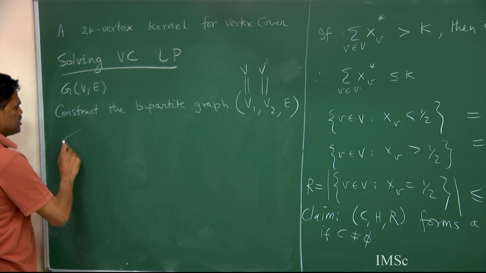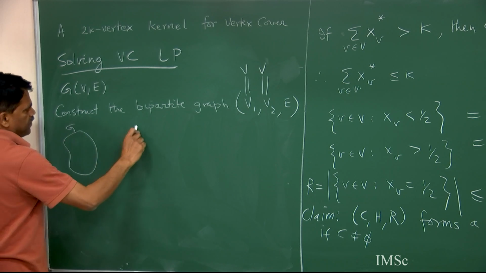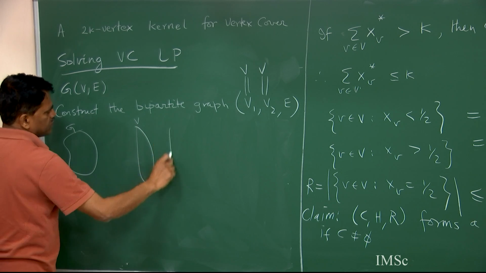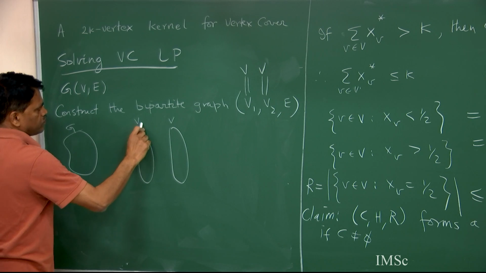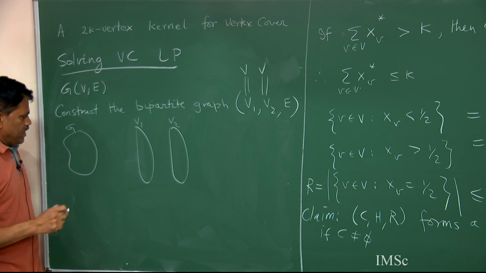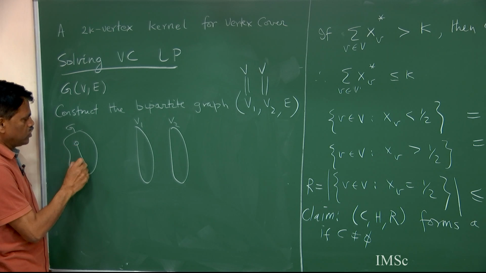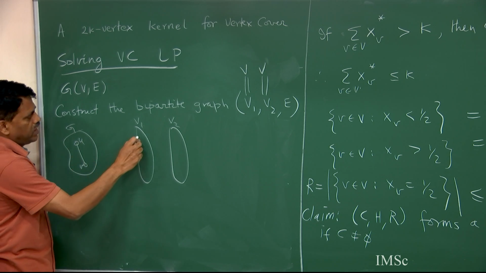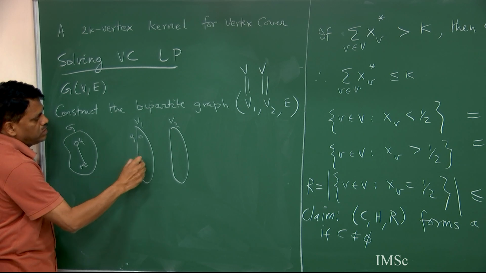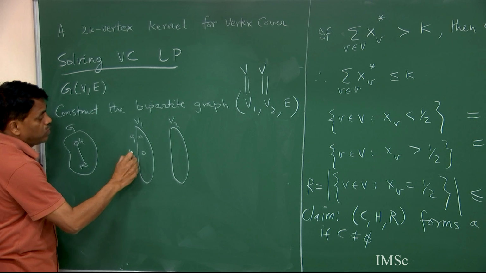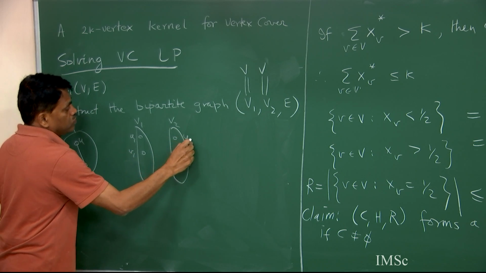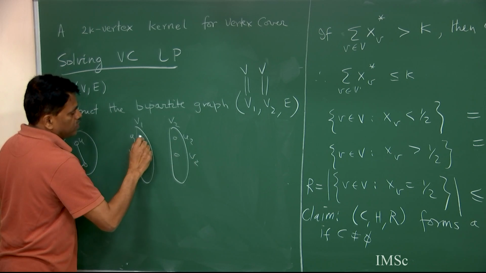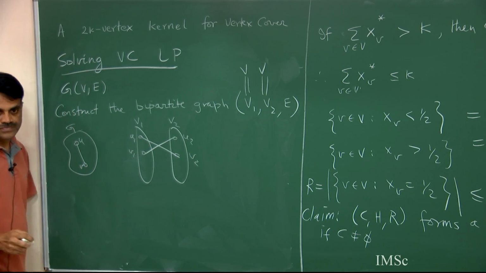So I have my G, and I will make 2 copies of my vertex set, and whenever there is an edge UV, I will have U1 V2 and U2 V1. I'm going to add these 2 edges.